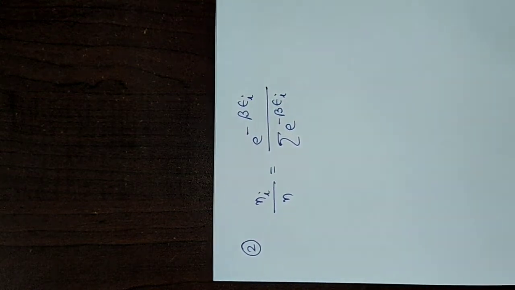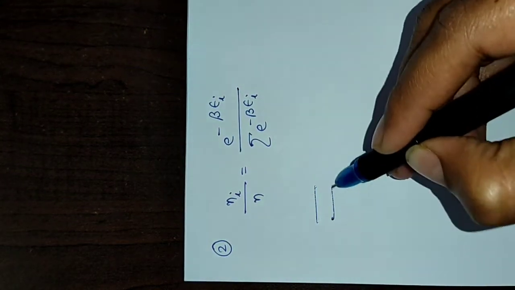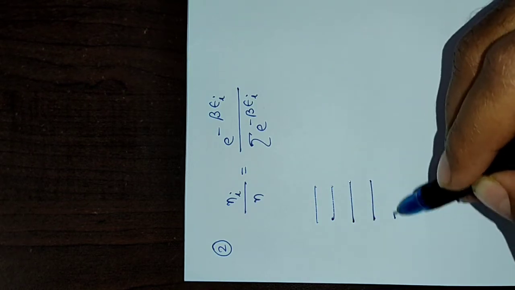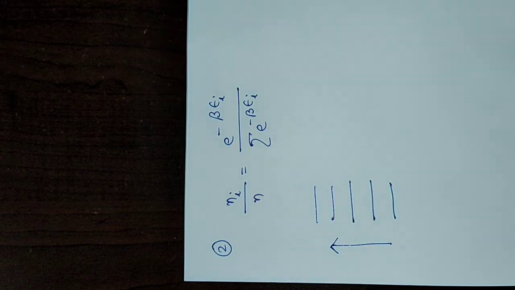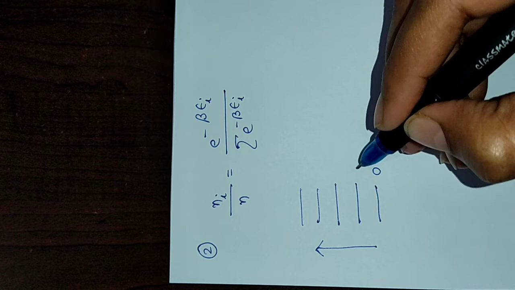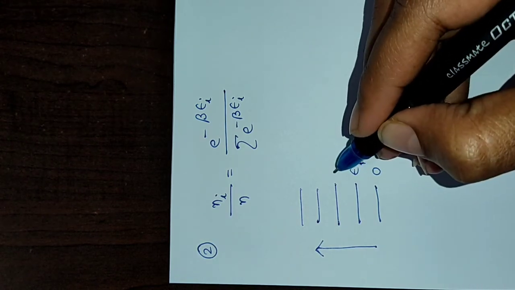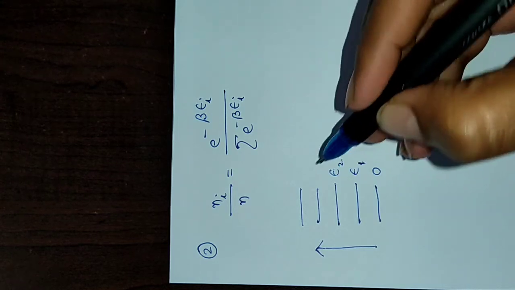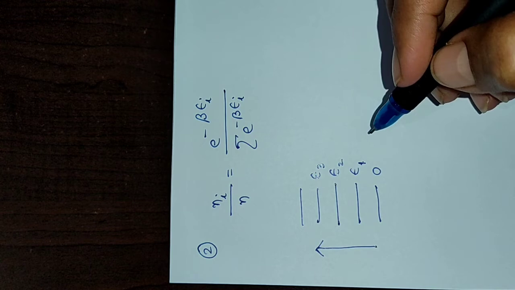Now we all know that if we find a number of quantum mechanical levels for a system, say this carries energy 0, this carries energy epsilon 1, this epsilon 2, epsilon 3, energy is increasing along this direction.